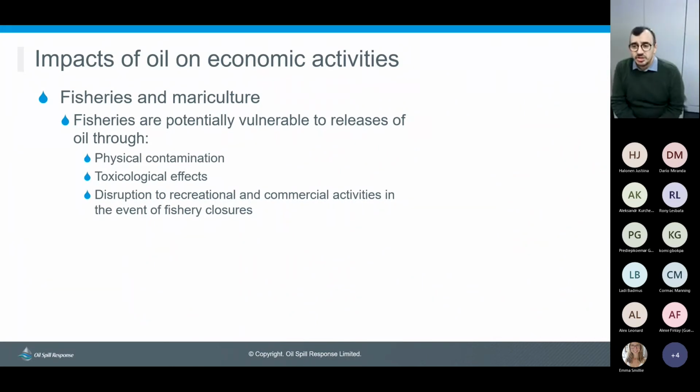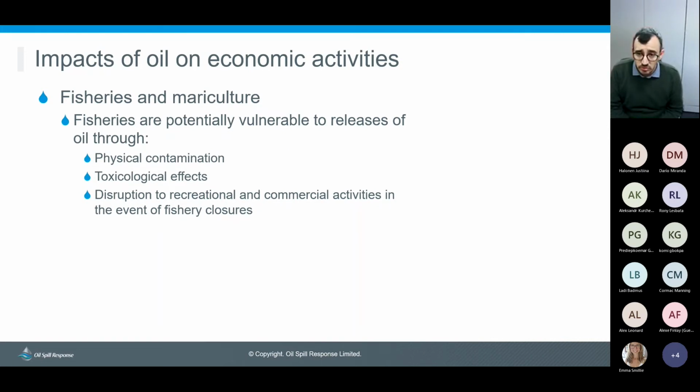These potential damages will in turn drive some of the broader response measures. So let's touch upon some of those broader response measures. These response measures may take the form of protection, collection, and removal of oil from the environment through to bans on fishing activities. It should be noted that measures taken to combat a release of oil may also have an impact on seafood.